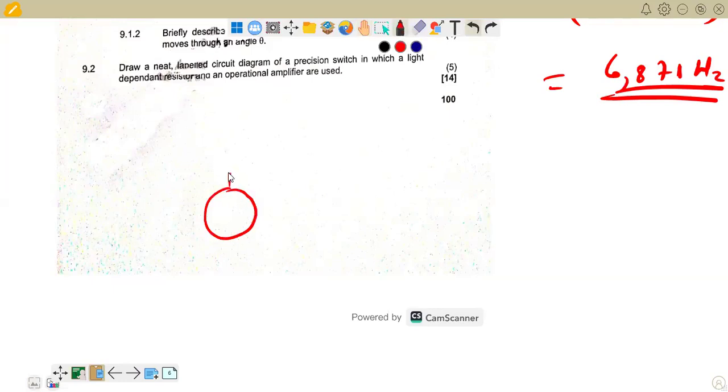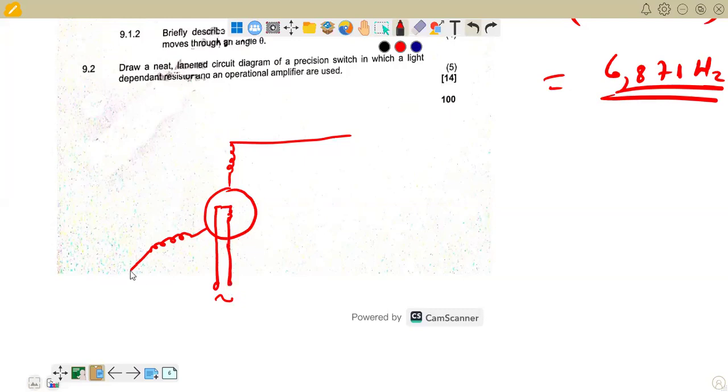Okay, so we have a winding here. It goes up, then I have another one. I have a winding also this side. It goes down. There is a signal.